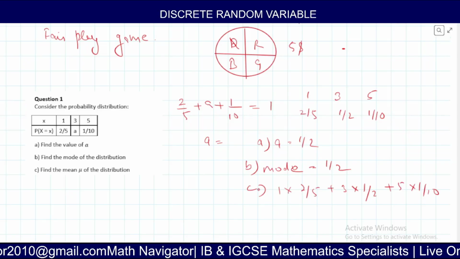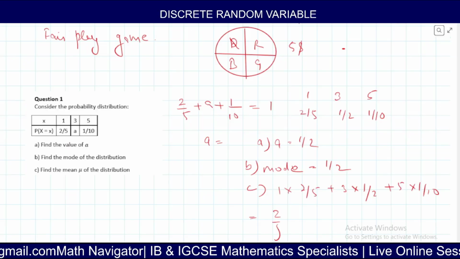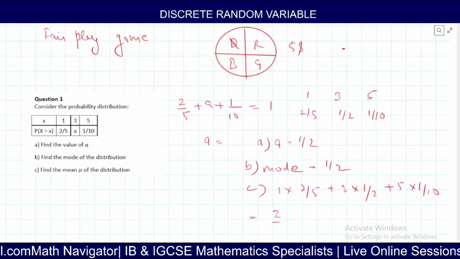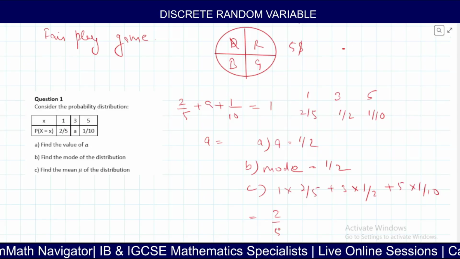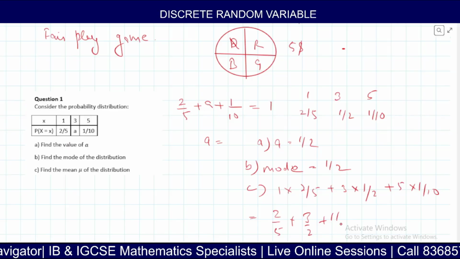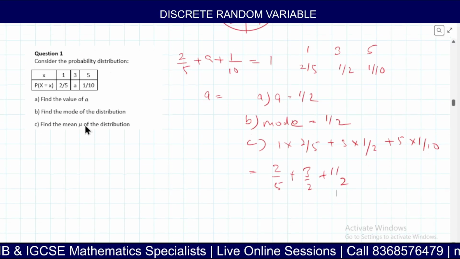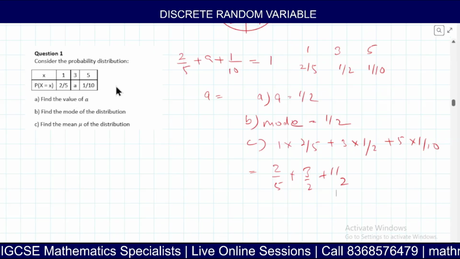So this will be 2 by 5 plus 3 by 2 plus half. Got it? This you can do on the calculator. Another way of doing it on the calculator, I'll show you the easier way.